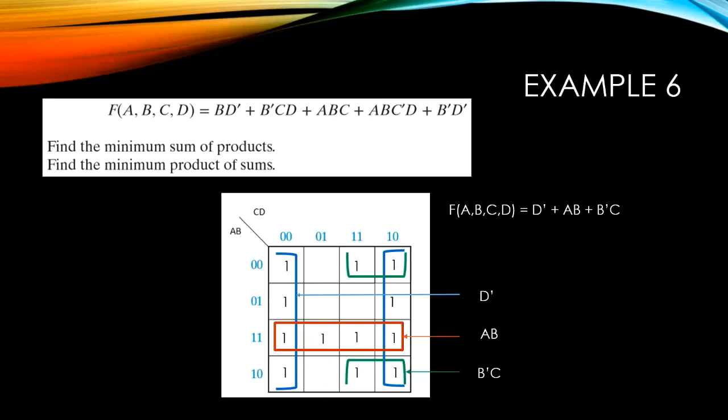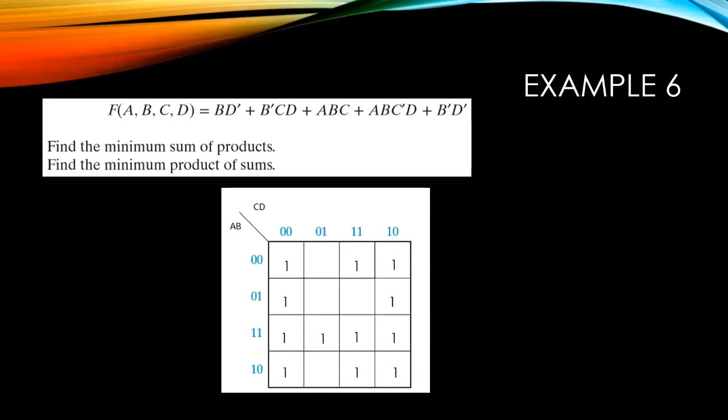How about the product of sum? The unfilled boxes will be your sum terms. So just write zeros on the cells and then group them. The groups will be two groups of 2. Get the equivalent sum term of each group.